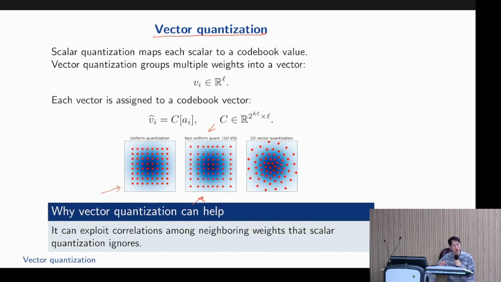You don't take into account other dimensions in quantization. But in 2D, vector quantization looks like this. Here, multiple weights get grouped into a vector. So we're not mapping one scalar to another scalar. We're mapping a group of weights to a vector.